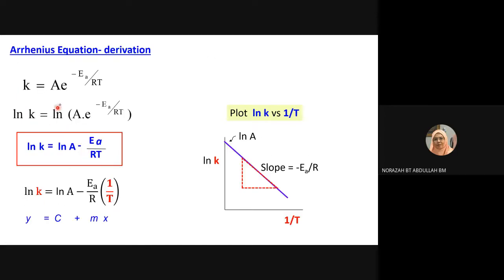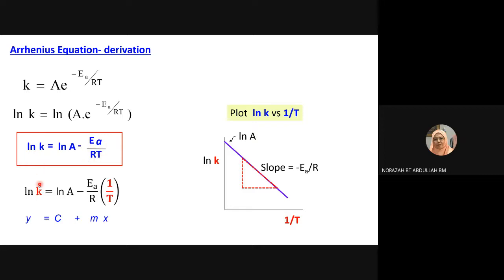So, if the Arrhenius equation just now kita derivekan, we put ln. So, sekarang kamu ada hubungan linear equation. ln k equals ln A minus EA over RT.